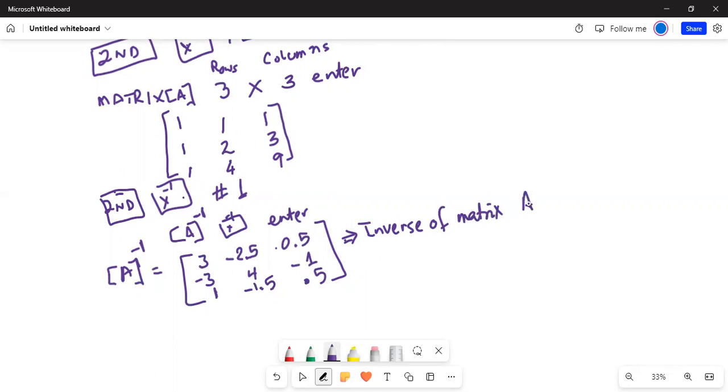Did your calculator do it correctly? The easy way to check it is to multiply A times A inverse. We already know A, we have already entered the data.